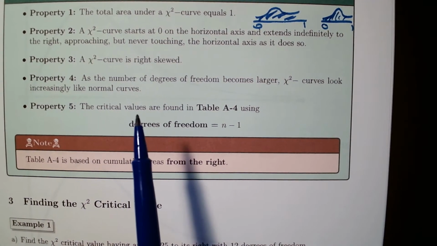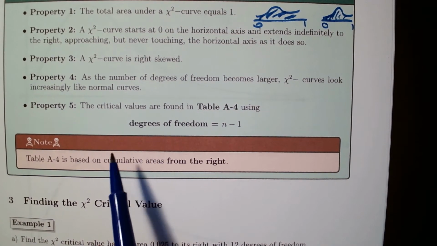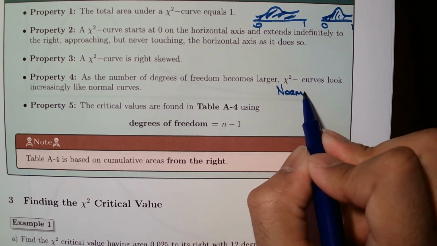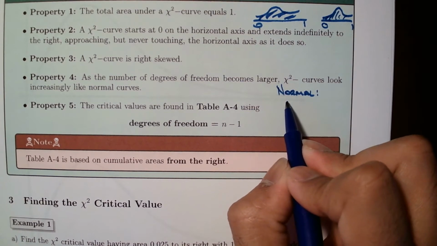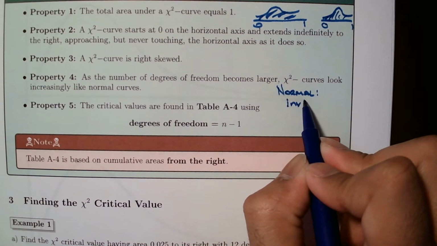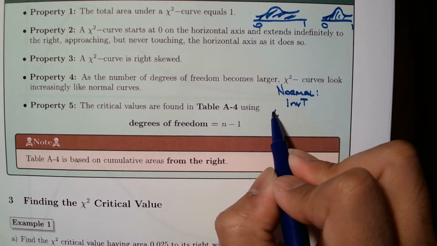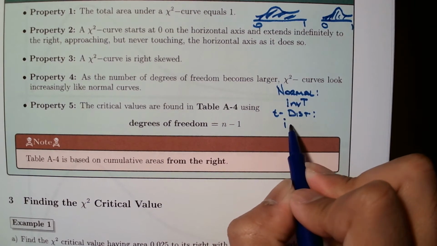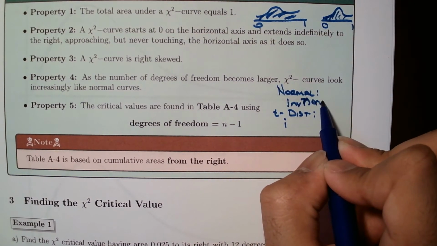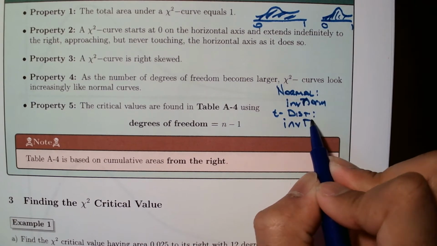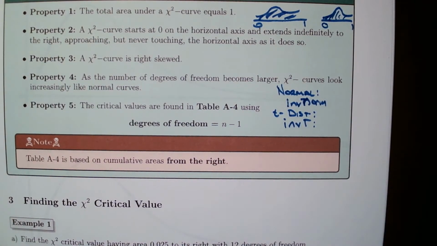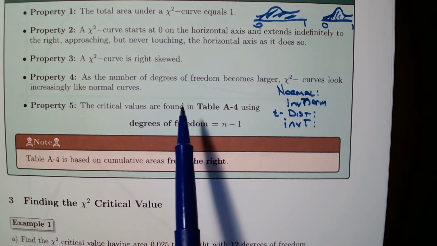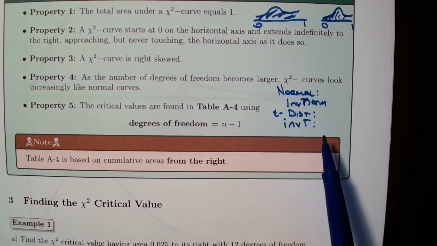Now, critical values, as opposed to the normal distribution. For the normal distribution we used inv norm, and for the t-distribution we use inv t. However, for critical values using the chi-square distribution, unfortunately, there is no calculator command.